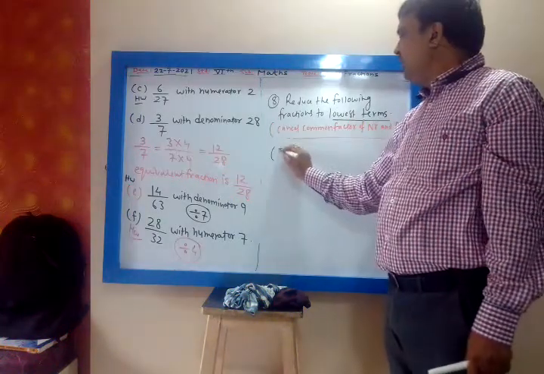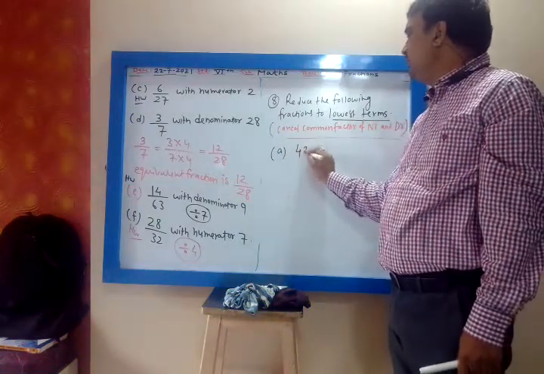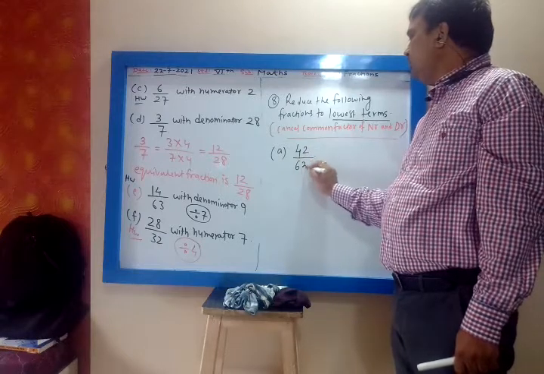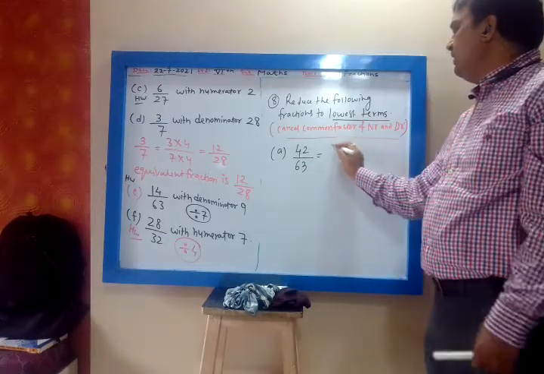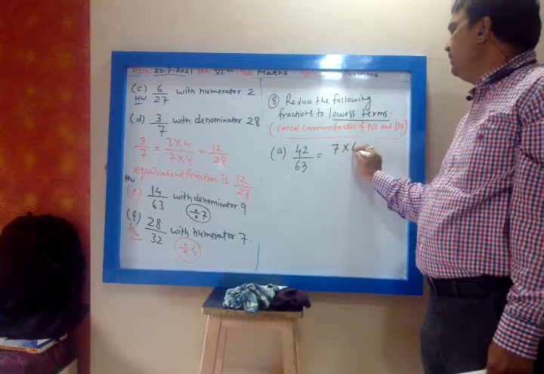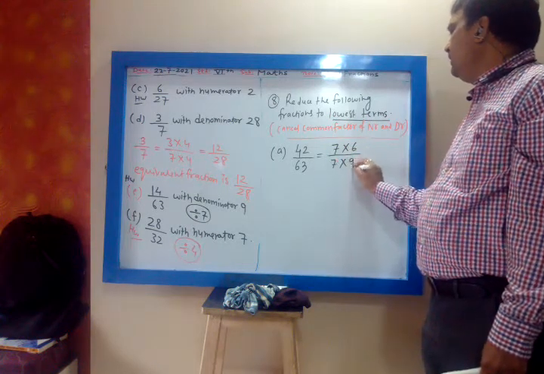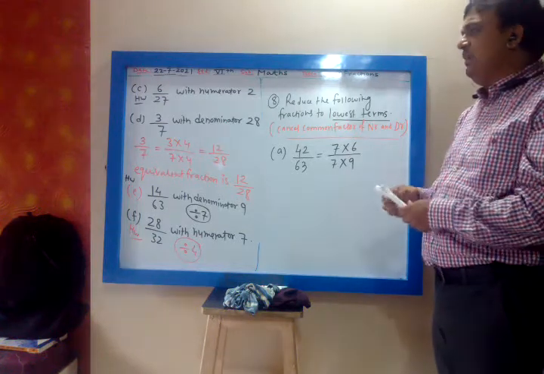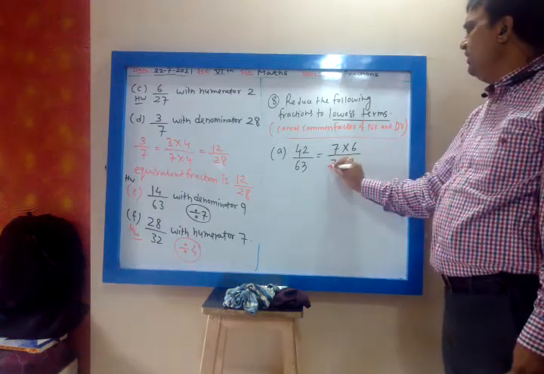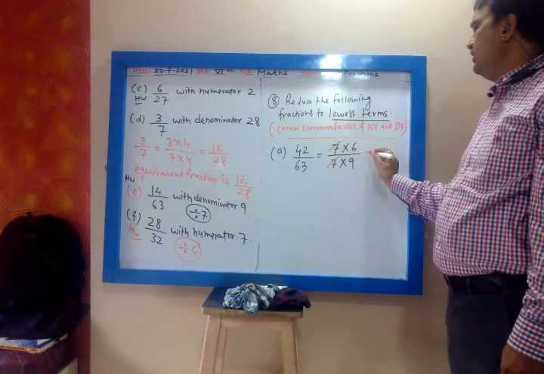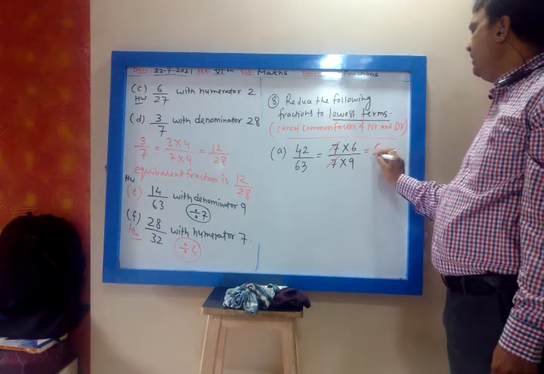First, 42 upon 63. 42, I can write 7 6s are 42. Then 63, I can write 7 9s are 63. What is the common factor of numerator and denominator? 7. So what is left? 6 upon 9.